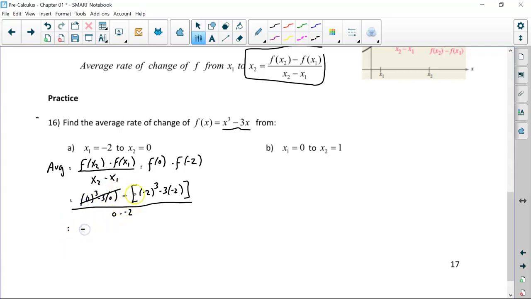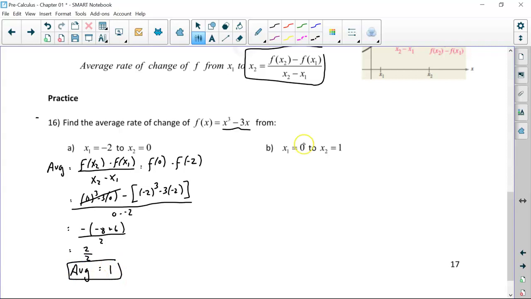So it's going to be a negative of negative 2 cubed, which is negative 8, and negative 3 times negative 2 is plus 6, over 2. So the opposite of negative 2 is positive 2 over 2. So the average rate of change is 1 for that function between those 2 points.